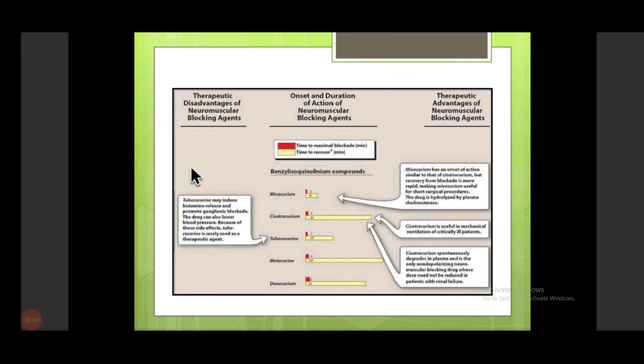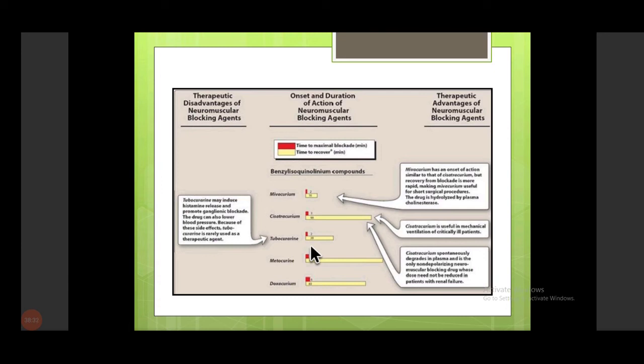In case of d-tubocurarine, the prototype drug of non-depolarizing blockers, these have a propensity to release histamine, and also a propensity to cause ganglion blockade.